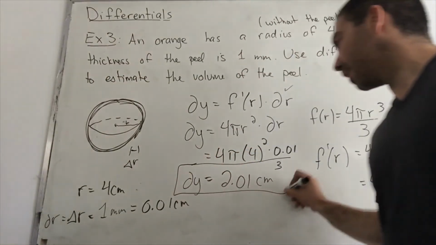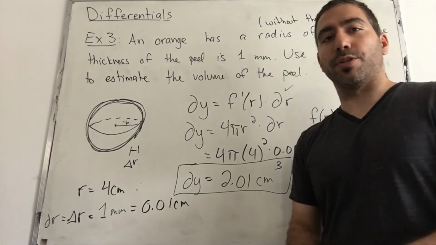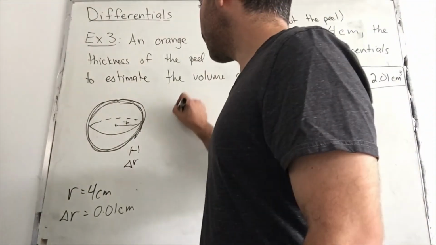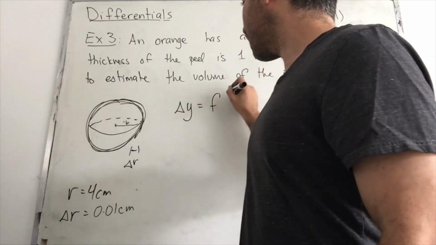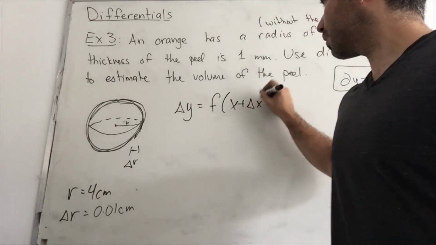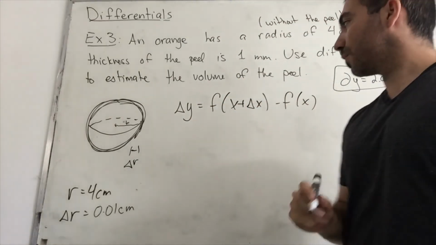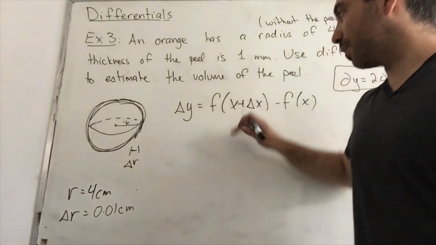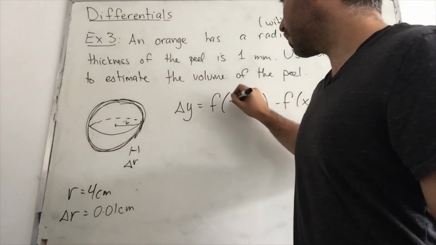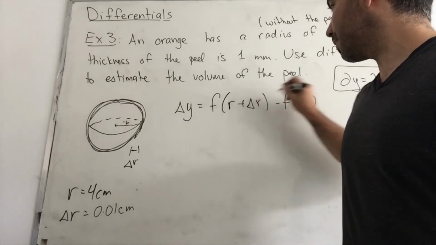Now let's compare our answer using the delta y equation. So using the delta y equation, we have delta y equals f of x plus delta x minus f of x. But instead of using x, we're using the variable r. So we're going to switch this with r's. We have a radius, the change in the radius, and the radius.